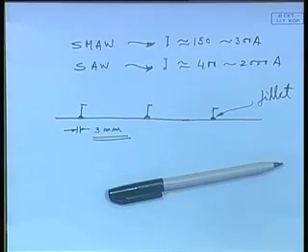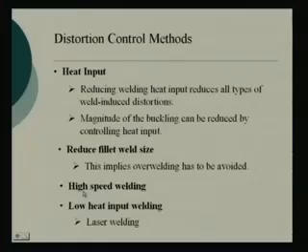Over welding does not necessarily make it stronger. So, that is another aspect. Next is high speed welding, we have already talked about in connection with heat input, because high speed welding, well, obviously in conjunction with the heat input, this gives us a mechanism for controlling the distortion.